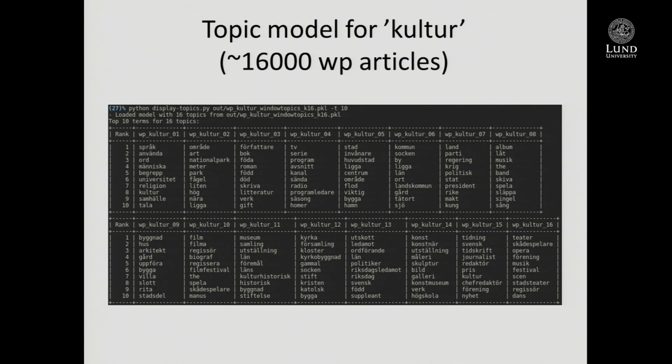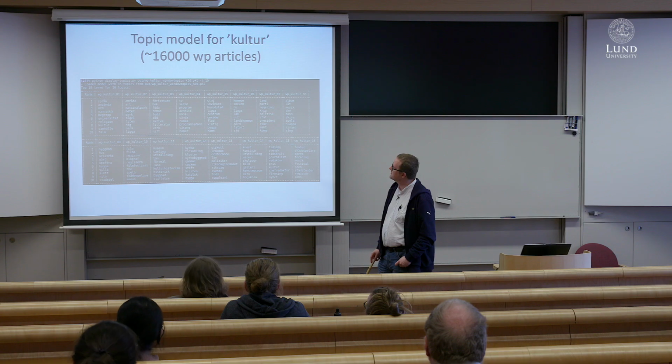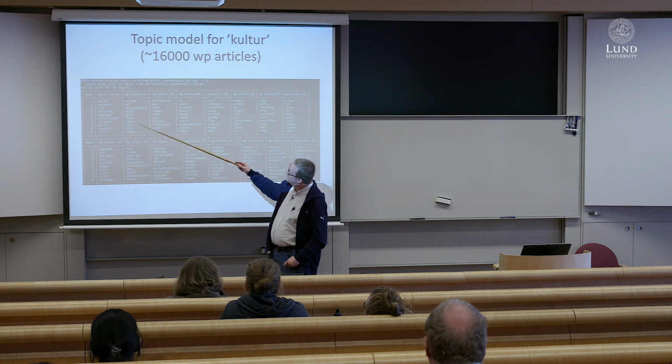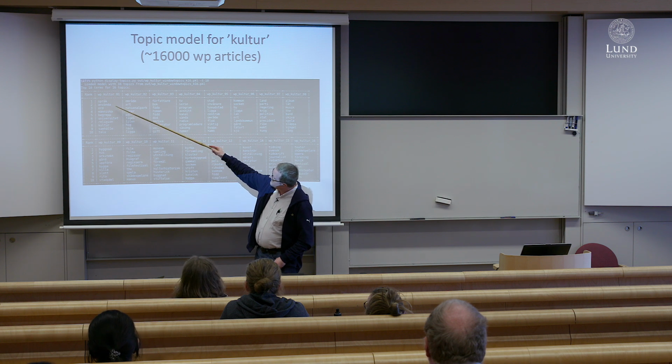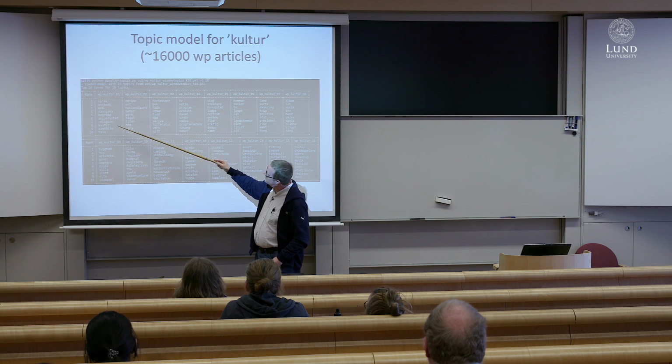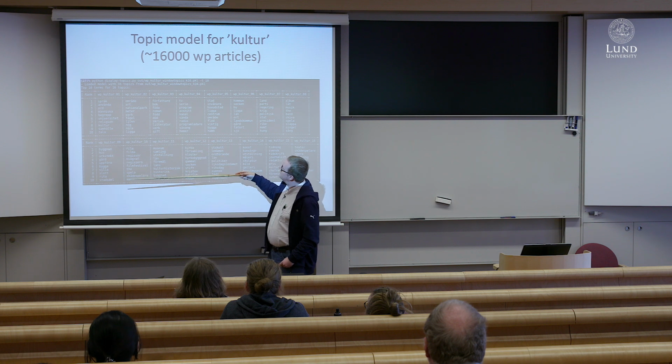We can see, and then I did this term document transformation and then the matrix factorization. And this is what came out. So you can see that there appears to be related words here. So you have language, human, university, religion, culture. That's not the best one.